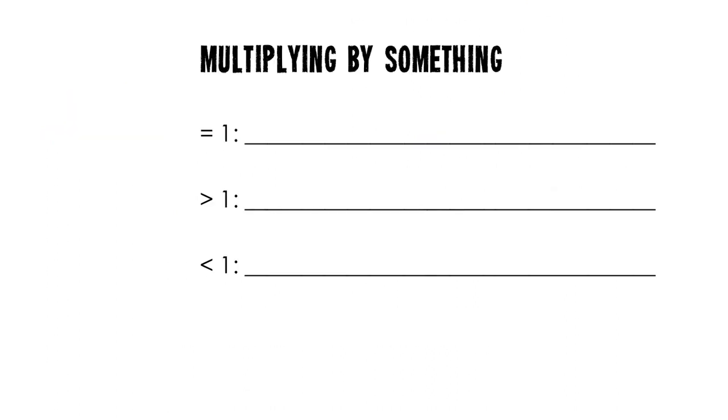So to kind of summarize this, if we're multiplying by something equal to 1, the value stays the same.